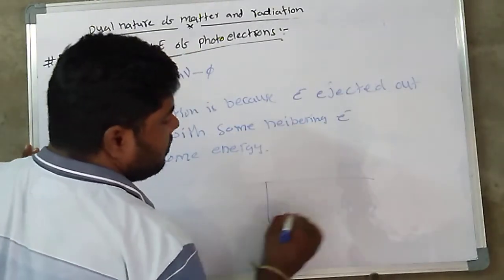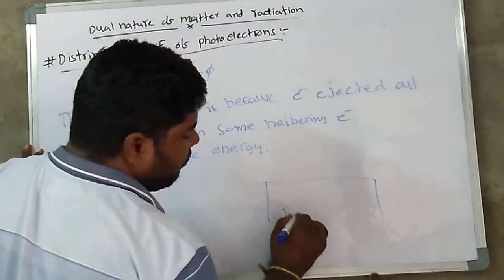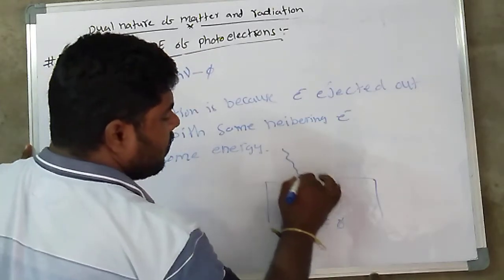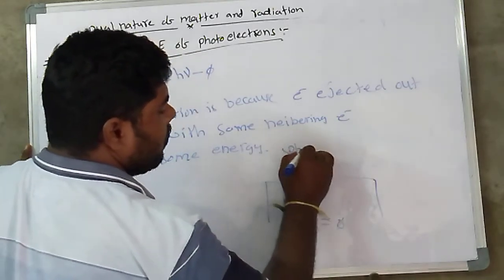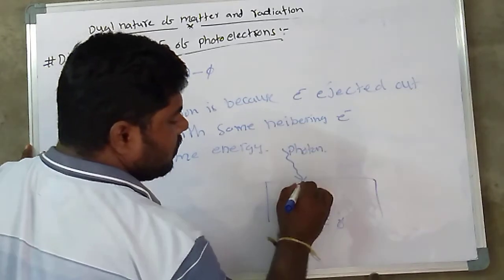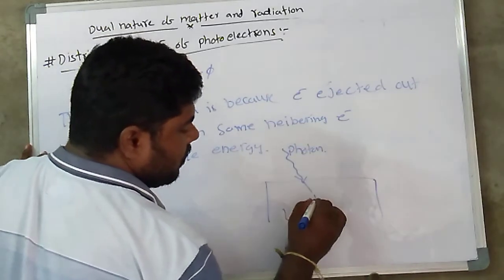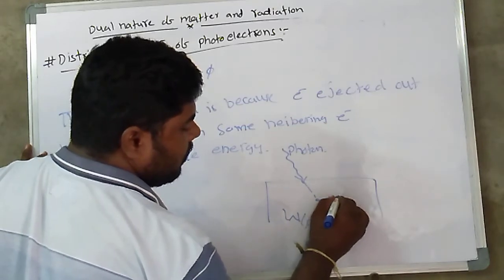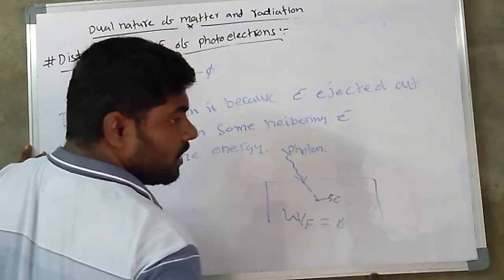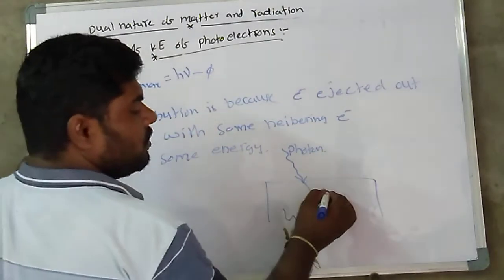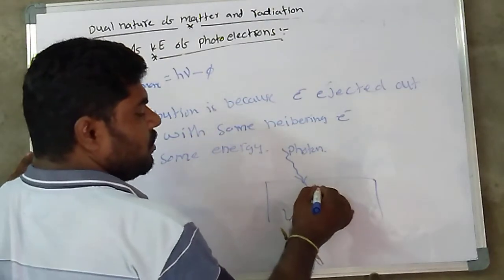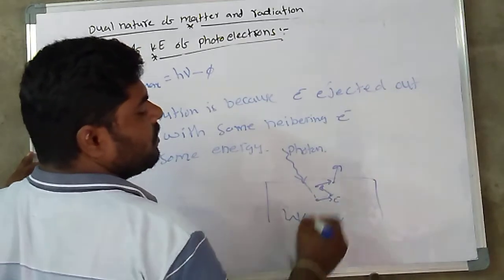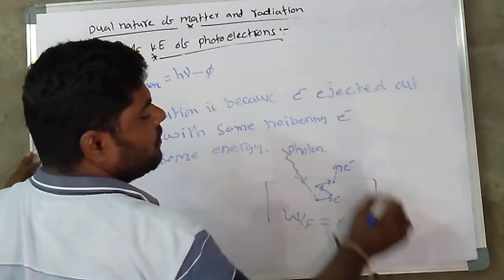Here this is the metal surface, the work function is phi, and this is the photon being absorbed. The electron is ejected inside the surface, moving and colliding with a neighboring electron, which also moves like this. After some time the electron is ejected from the metal surface.